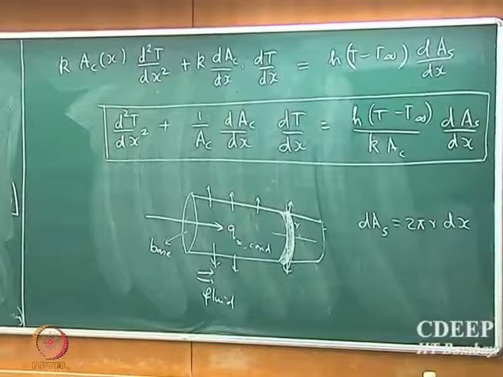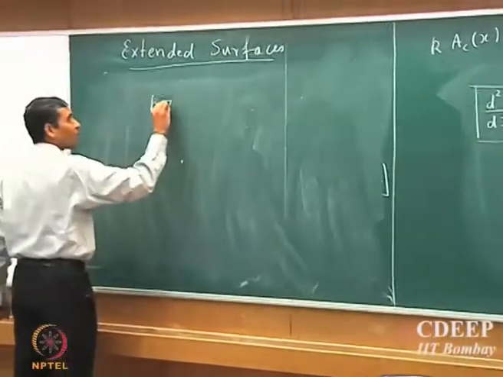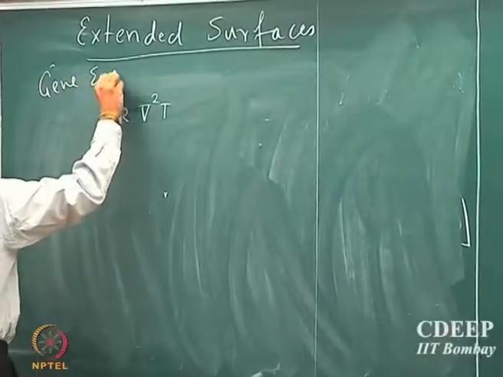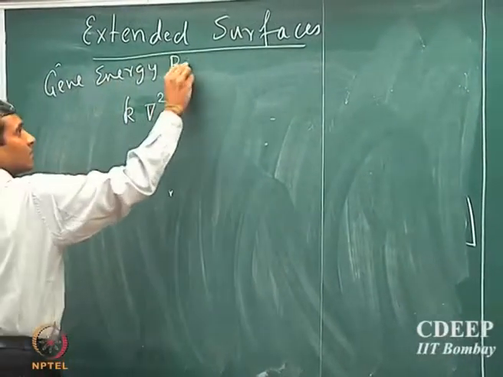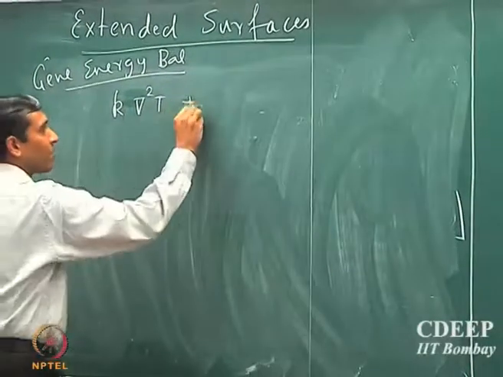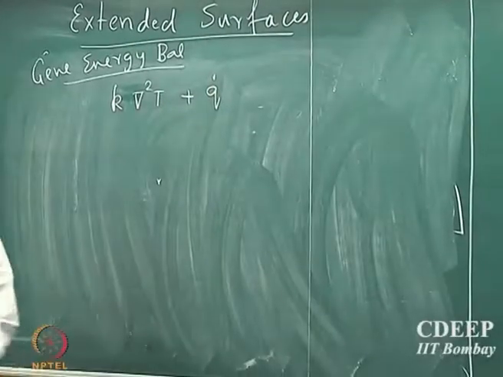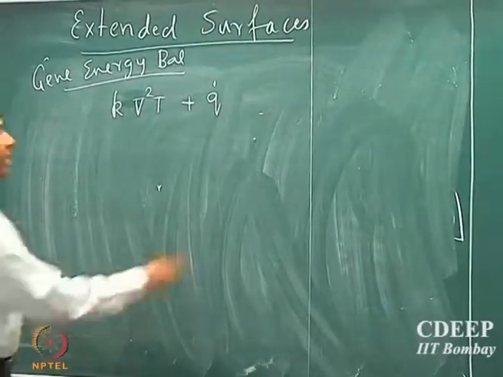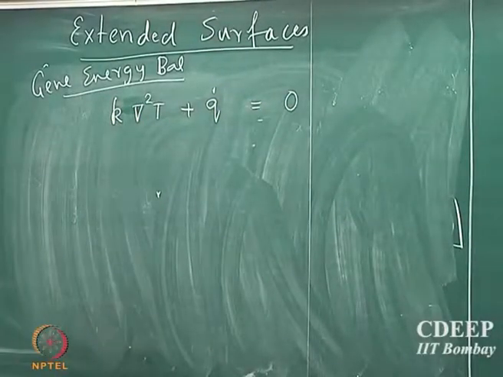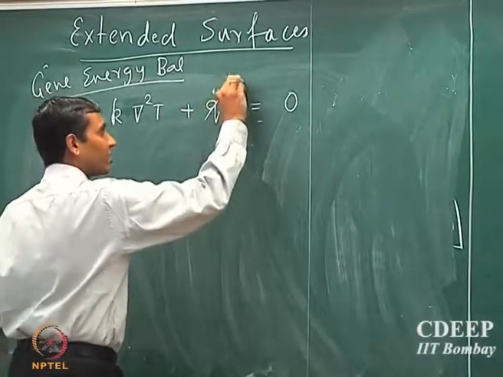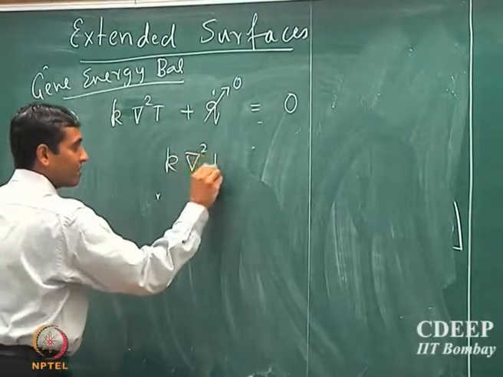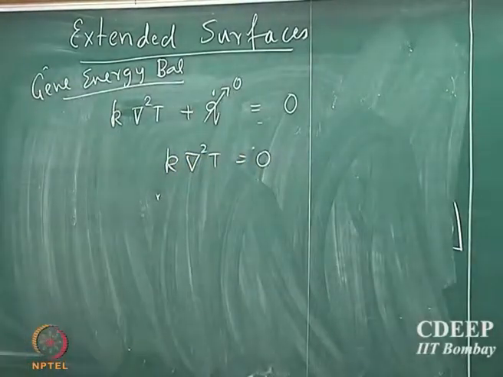The generalized energy balance is K del square T plus whatever is the amount of heat that is generated inside the solid, and that should be equal to the accumulation term. If you assume steady state, accumulation is 0, and if you assume there is no heat generation inside, that's also 0. So K del square T equal to 0 is your model.